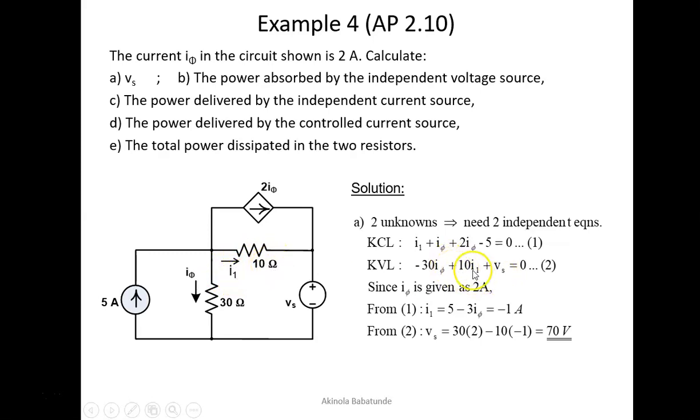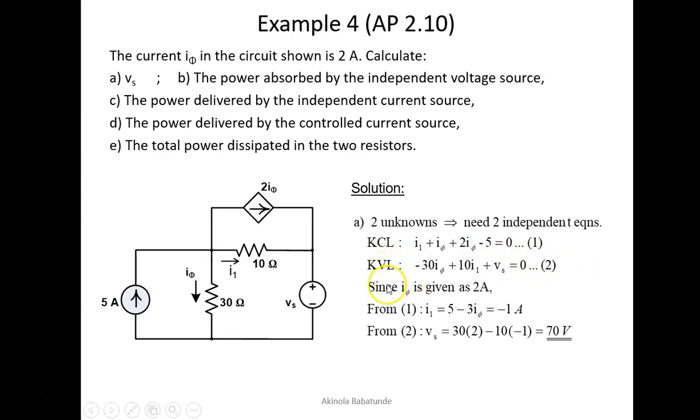So that gives us plus 10 I1. And then since the current path we created will be traversing from positive to negative on this voltage source, the polarity of the power absorbed or consumed by this voltage source will be positive. So this becomes plus Vs equal to 0. That gives us equation 2.